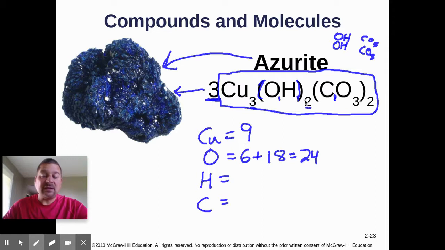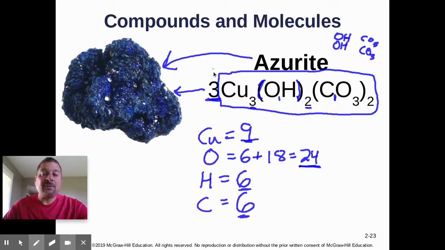The hydrogen, same thing. 2 times 1 is 2, times 3 is 6 hydrogen. Carbon over here, 2 times 1 is 2, times 3 is 6. So if we look at our totals, in 3 molecules of azurite, we've got 9 atoms of copper, 24 oxygen atoms, 6 hydrogen atoms, and 6 carbon atoms.